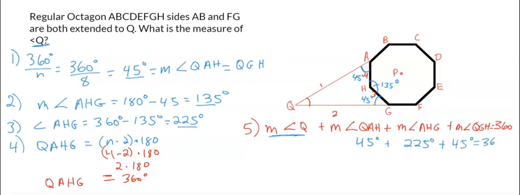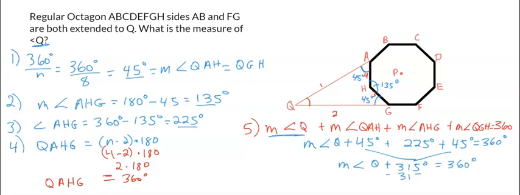Equals 360. And I just bring down the measure of angle Q plus that. So we're going to add this all up. 45 plus 45 is 90. 90 plus 225 is 315 degrees. So the angle Q plus 315 is equal to 360 degrees.